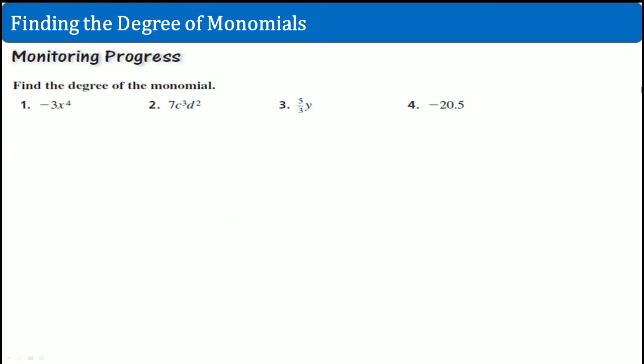Okay? Alright, so let's monitor our progress here by finding the degree of the monomial. Alright, so the first one, let's take a look. Alright, is this a monomial? Yes, it is. And we look at the highest degree, which is the 4.